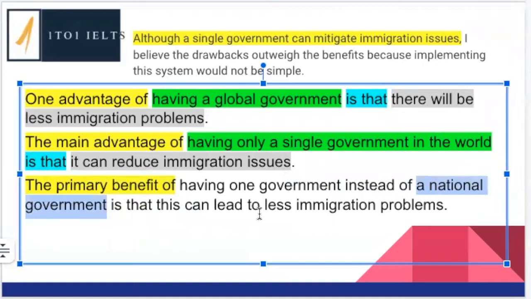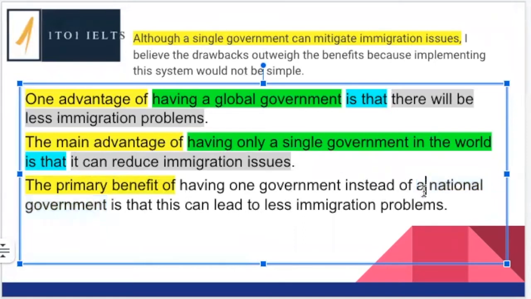So what is wrong with this phrase? Mary, can you tell me? So we're not saying we're having one government for the world or just one government for one country. We're having one government for the world instead of national governments for each, exactly, Nabila, yeah.